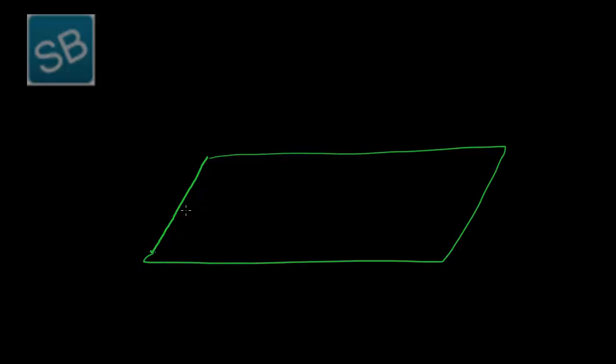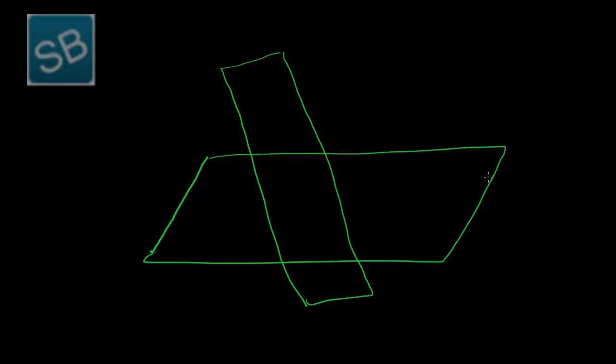Let this be the plane phi 1 and this is plane phi 2. Now this is the normal of plane phi 1, and this is the normal of plane phi 2. This is n2 and this is n1.